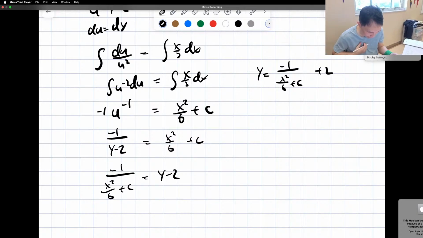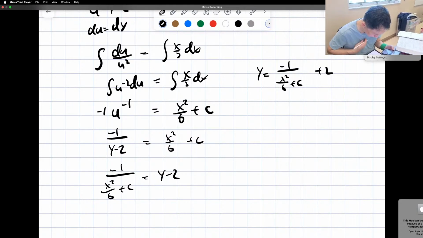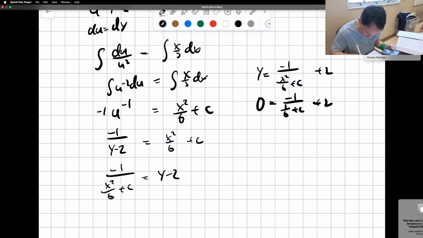Now, you find out what c is. I prefer to find c here, using (1, 0). So 0 equals negative 1 over (1/6 plus c) plus 2. Some people say, I don't know how to solve this. Move the 2 to the other side, so negative 2 equals negative 1 over (1/6 plus c).